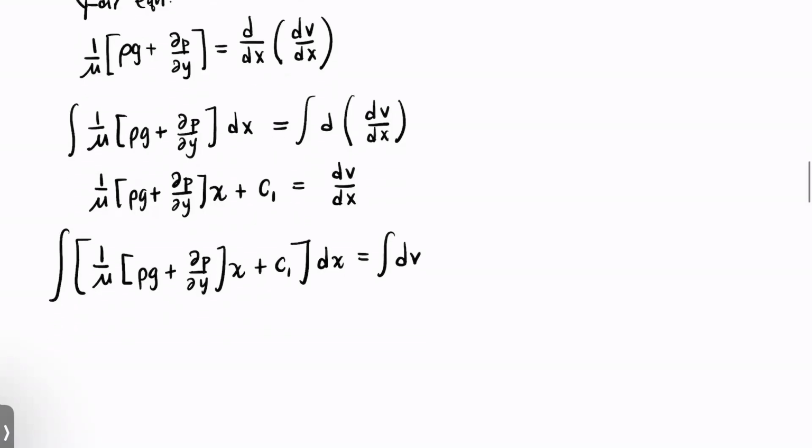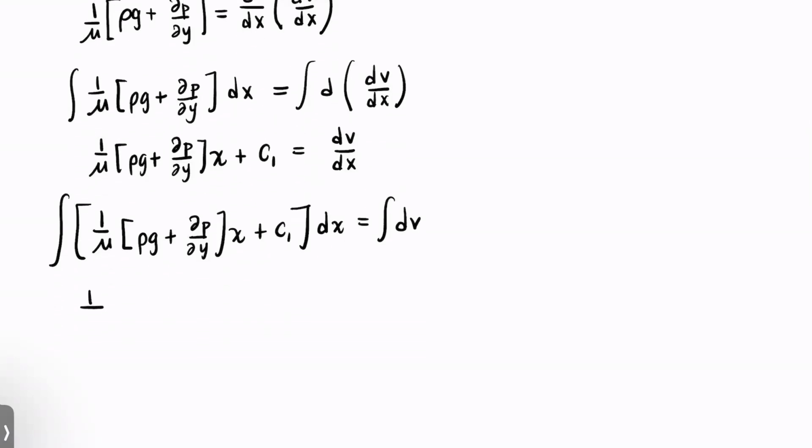When I integrate this x, I'm going to pick up a 1/2, so I'll put that up here with the mu. I keep around my rho g plus partial p partial y, and I have x squared now, plus C1 x, plus a second constant of integration, C2, and this is equal to v.